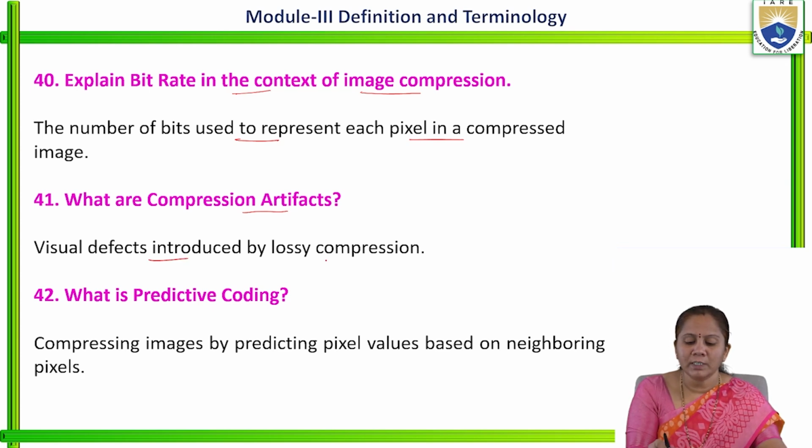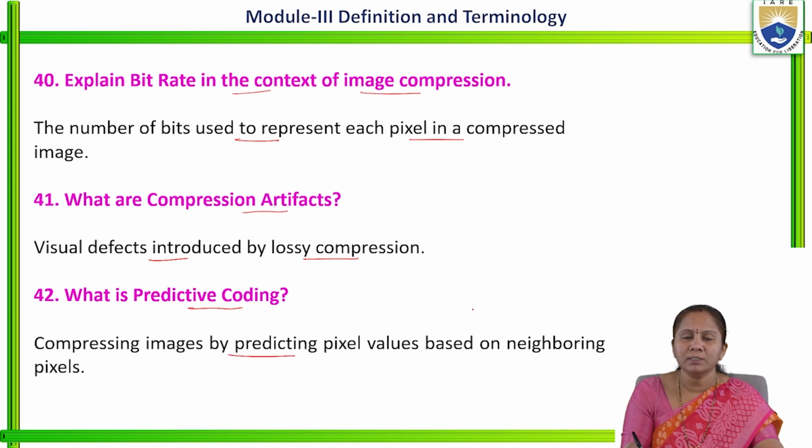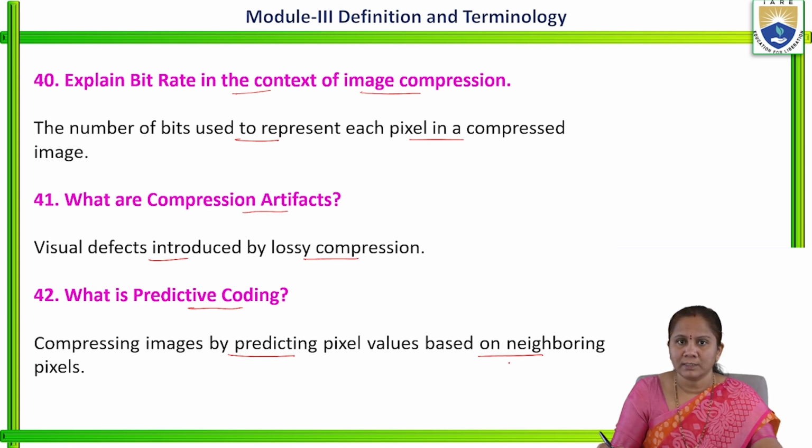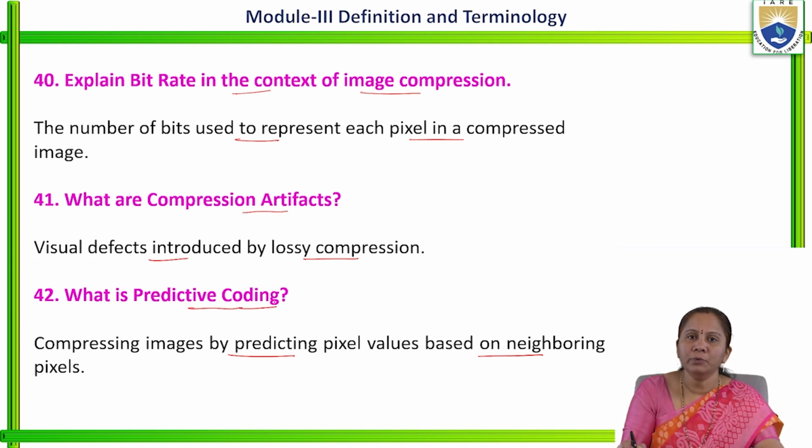Visual defects introduced by lossy compression are called compression artifacts. What is predictive coding? Compressing images by predicting pixels based on the neighboring pixels. So considering the neighboring pixels, we predict the next pixel value; this is called predictive coding.